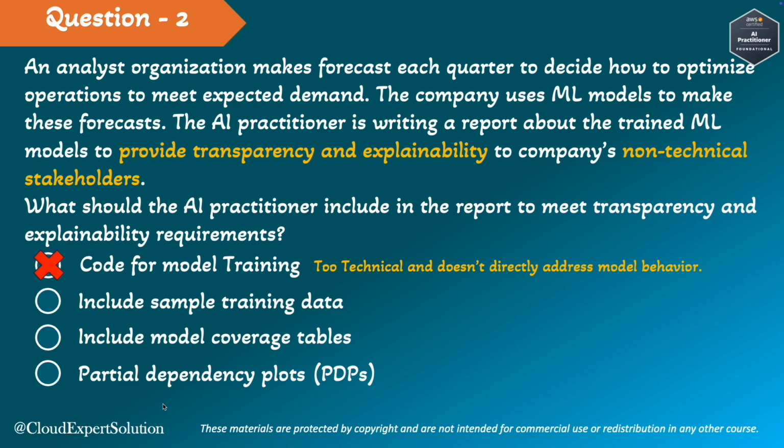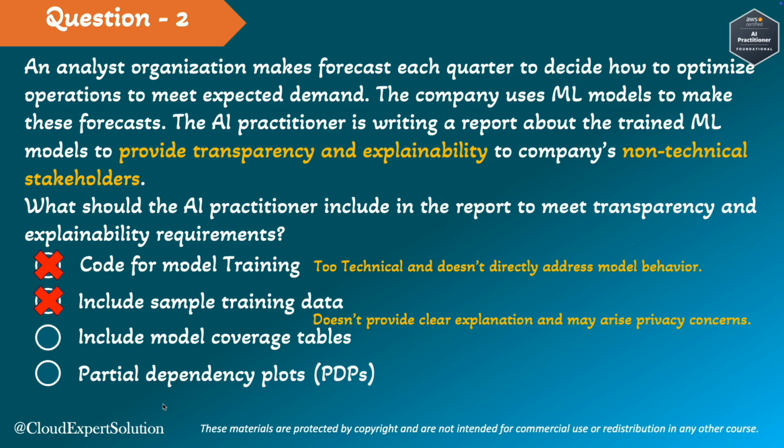Moving to the next option, including sample training data can help stakeholders understand the type of data used to train the model, but it does not provide a clear explanation of how the model makes decisions. Additionally, sharing training data might raise privacy and confidentiality concerns. Hence, this option is also not correct.